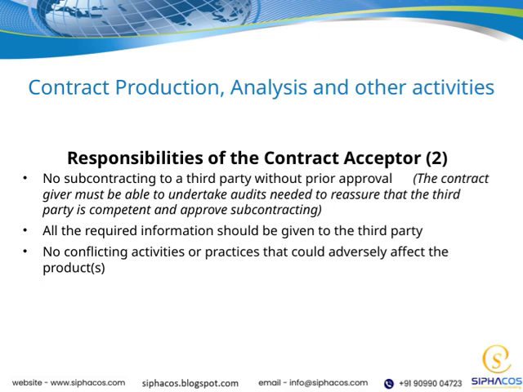Finally, this includes responsibilities related to contract production, analysis, and other activities. All these elements are interconnected and vital to maintaining control, quality, and compliance throughout the entire process. These responsibilities are essential because they support the overall theme of ensuring reliable, high-quality outcomes in our contractual agreements.